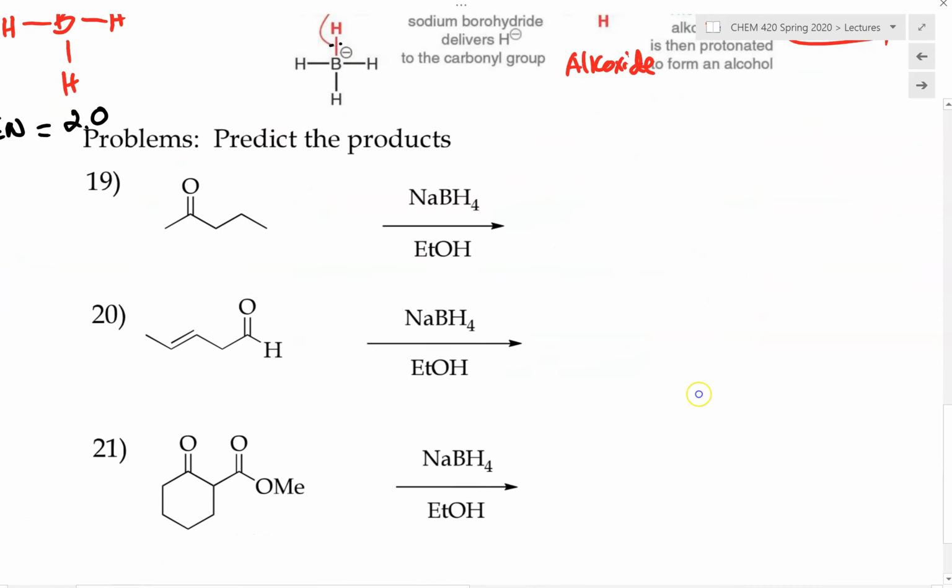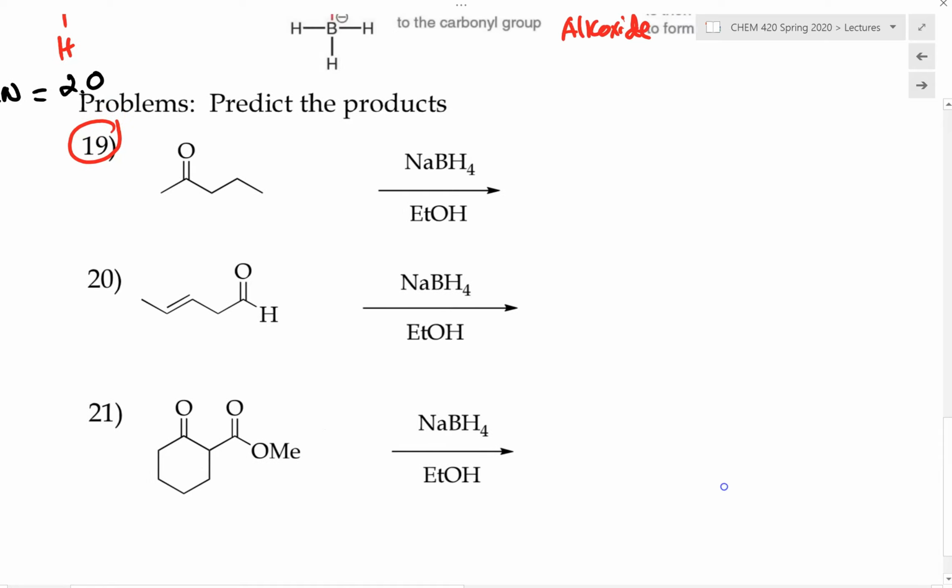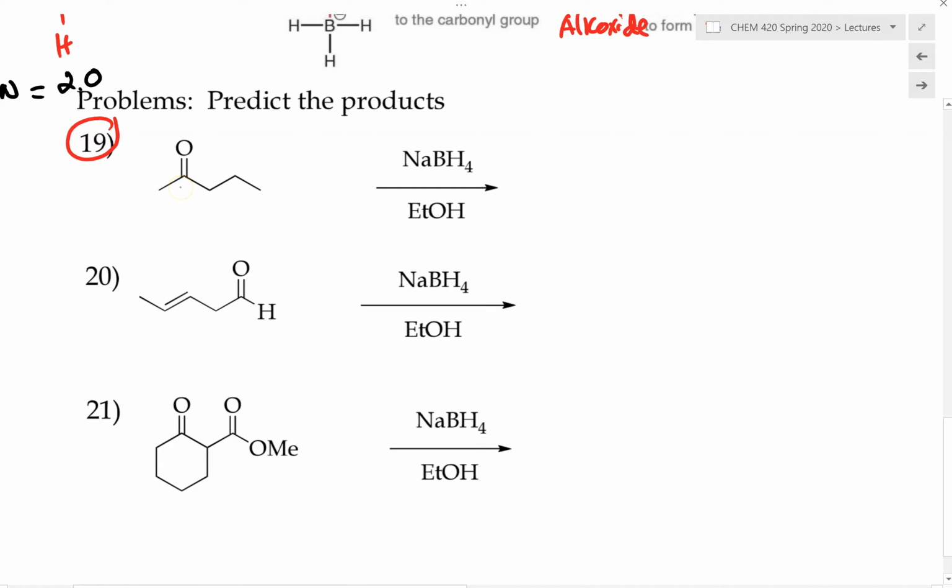And now let's try some examples using sodium borohydride. Example number 19. If we have this ketone and we react it with sodium borohydride in the presence of methanol, what would be the product? Again, this is the source of hydride, and the hydride acts as a nucleophile.